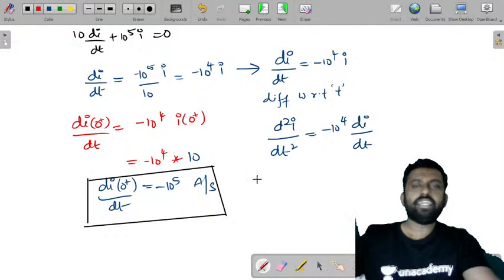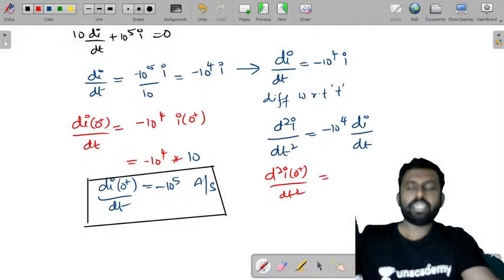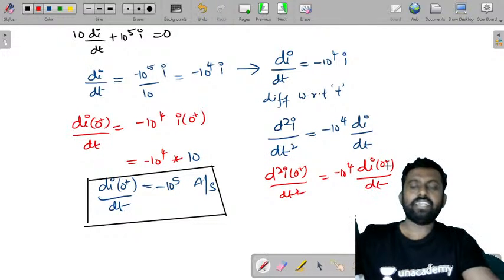So d square I of 0 plus by dt square is minus 10 power 4 di of 0 plus by dt, right?